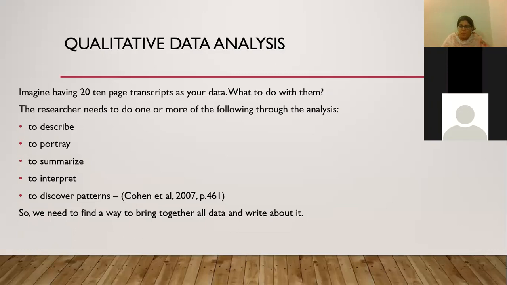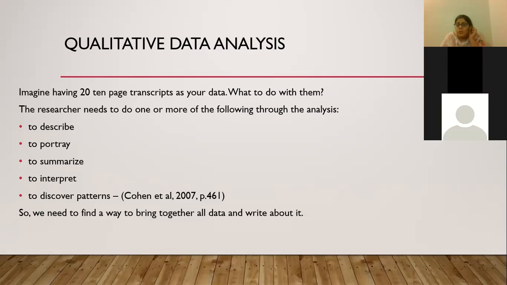What to do with all of them? You would be looking for certain themes in them. You would try and organize them. So how exactly do you need to do that? You need to do one or more of the following, according to Cohen. You could either describe it, or you could portray it, summarize, interpret, or you could discover patterns.